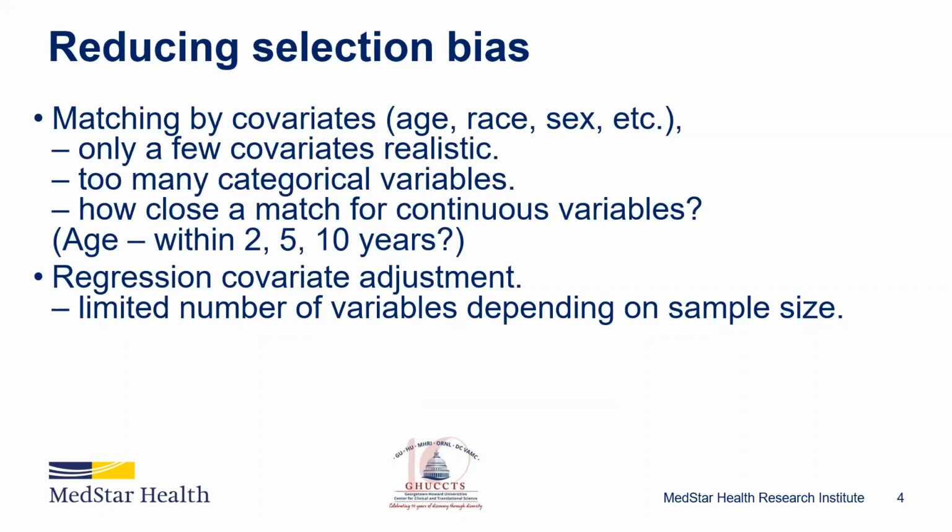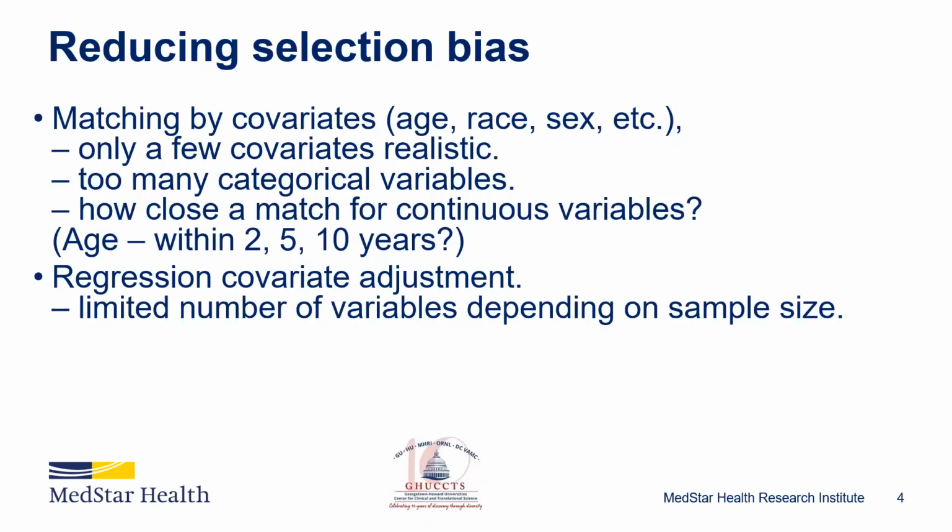For example, if you have categorical variables like race and sex, depending on the number of categories, for example female black, female white, female Hispanic, and then male with the race categories, pretty soon you get so many categories that you're not going to have enough subjects in your study to fill all of those, or you end up with only very, very few.